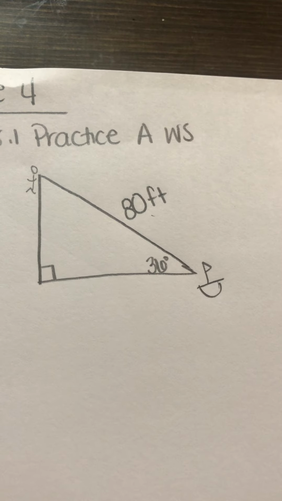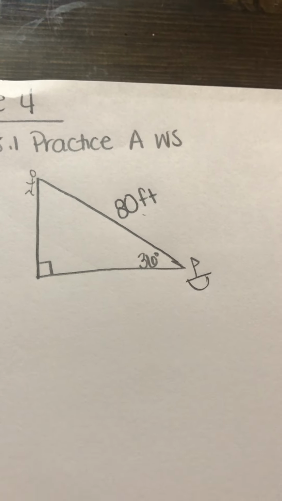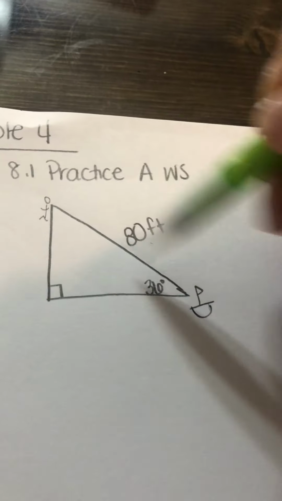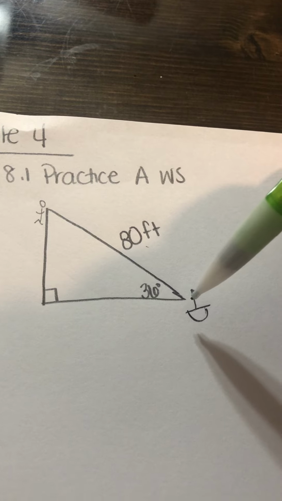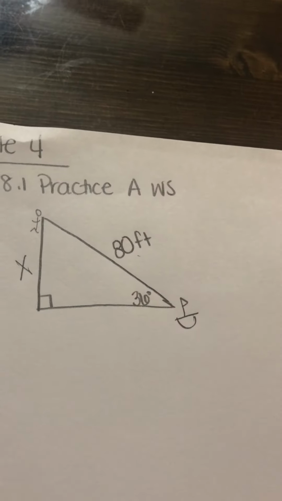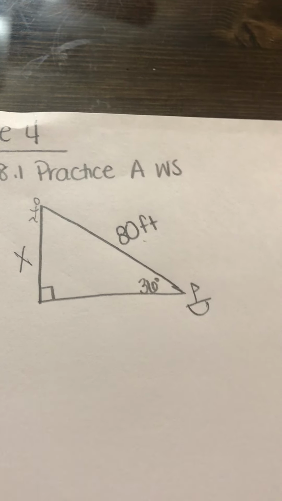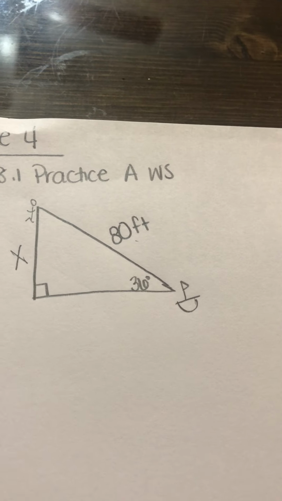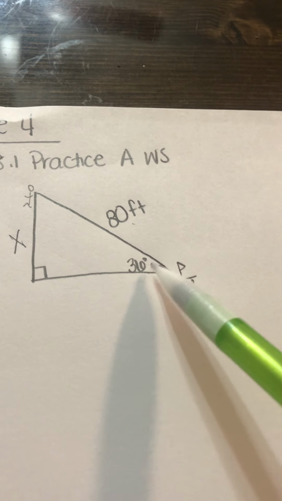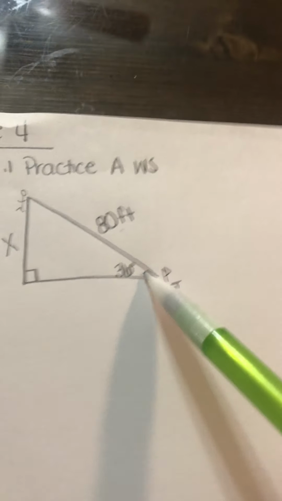And we want to see, what's the thing? Estimate the parasail rider's height above the boat. So if this is the 80-foot rope, the height is this one. So we want this to be x. That's what we're going to solve for. Now this is set up just like the last problem, but now it's not a special angle. We have to use the calculator for this.